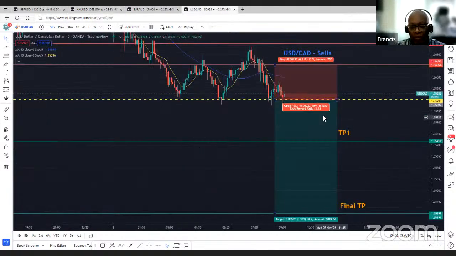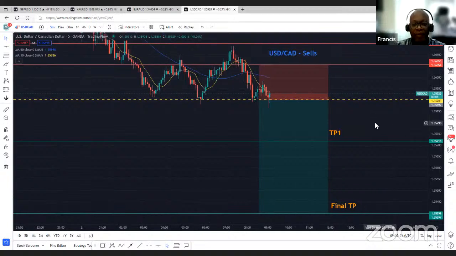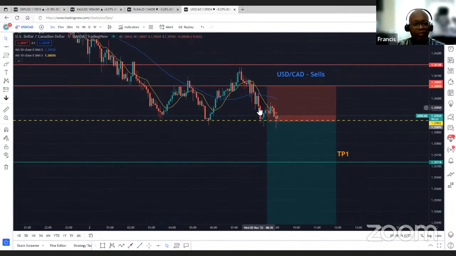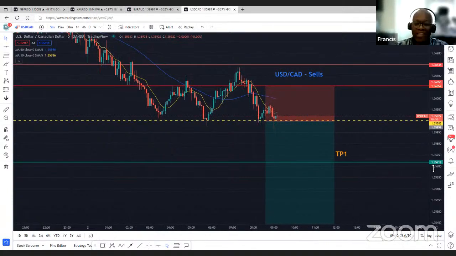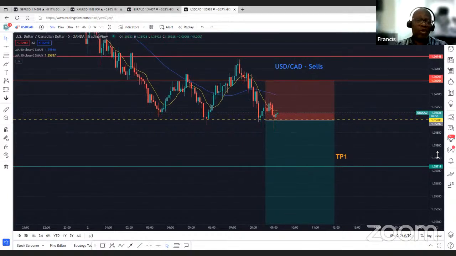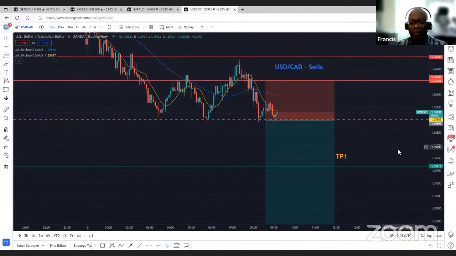What we do know in trading is the price could seemingly have a fake out and then continue in the direction you were expecting later on in the day.